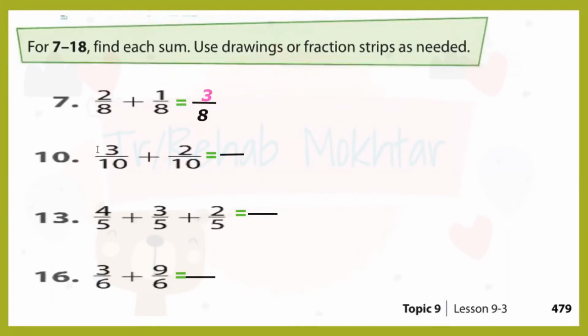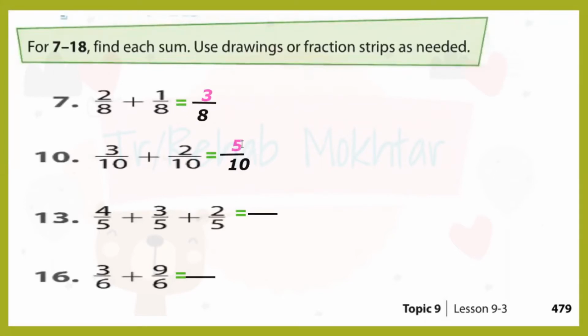Number 10, 3 out of 10 plus 2 out of 10. The first step, I will look at the denominators. We have the same or like denominators, so I will keep it as it is. 10, 10, 10. After that, I will add the numerators. 3 plus 2 equals 5. But can I write this fraction in a simple form?